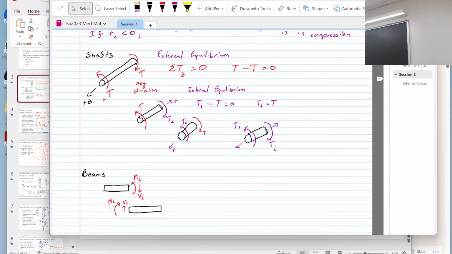That is what, 46. And the internal force has to be this force right here.